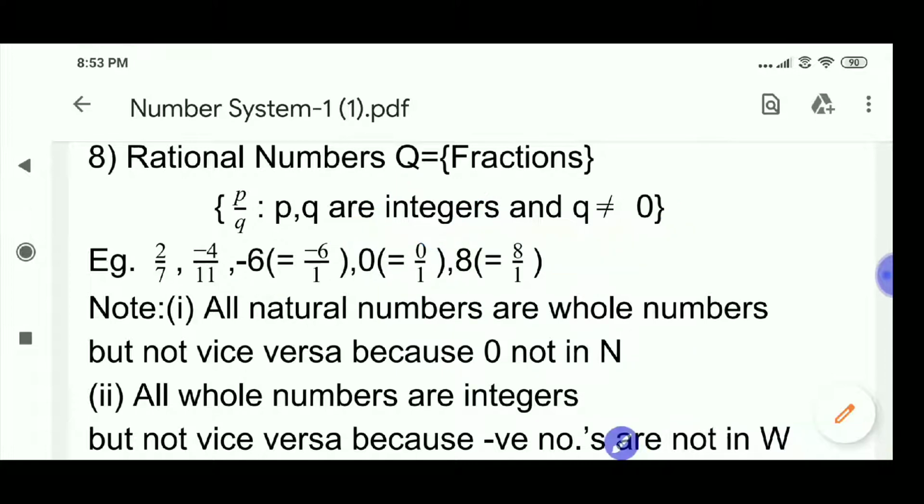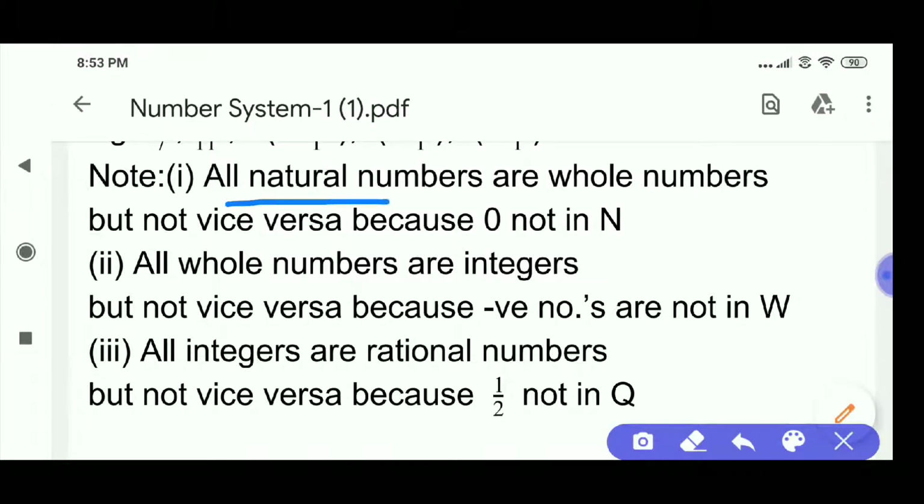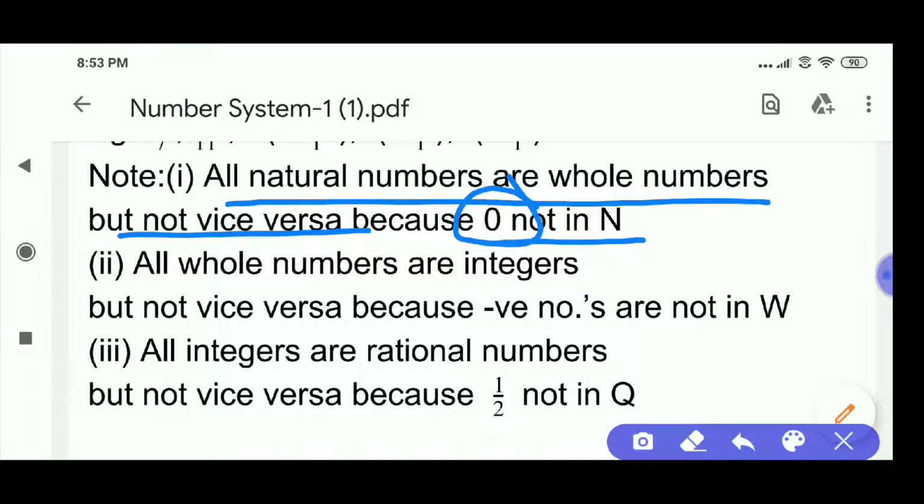By observing all these things, we can say that all natural numbers are whole numbers, but not vice versa, because 0 is not in N. 0 is in W, but 0 is not in N. So all natural numbers are whole numbers, but we cannot say all whole numbers are natural numbers because of this 0.